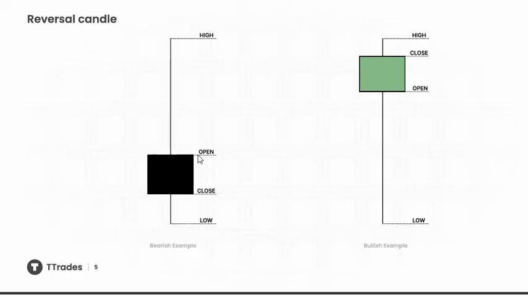The bearish reversal candle opens, right? It opens and then makes its high. So with a bearish reversal candle, we realize that the high of the wick, or the upper part of the candle, creates a large wick, makes a small body, makes the low, and then closes, right?